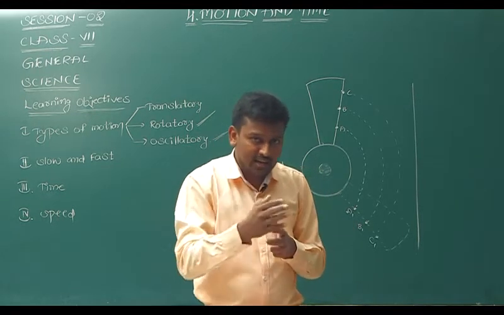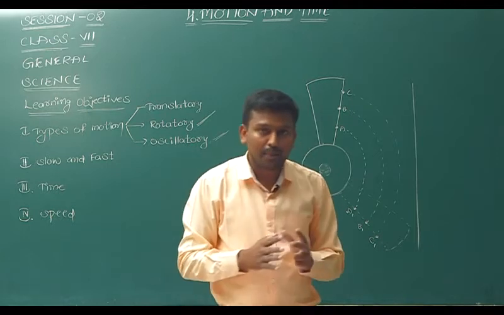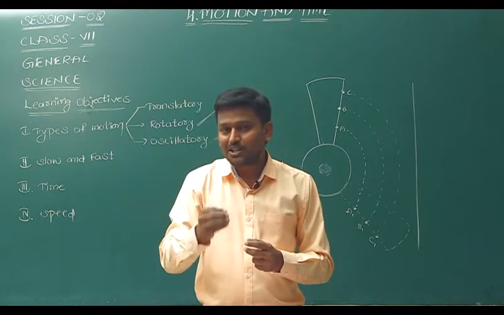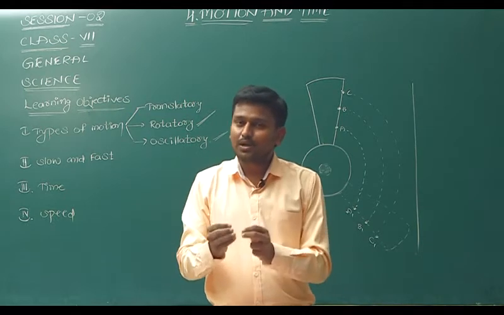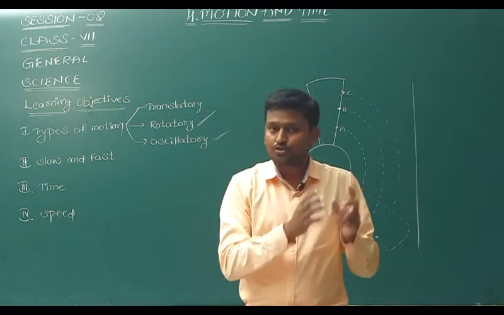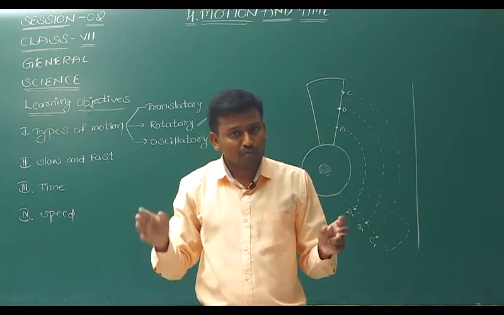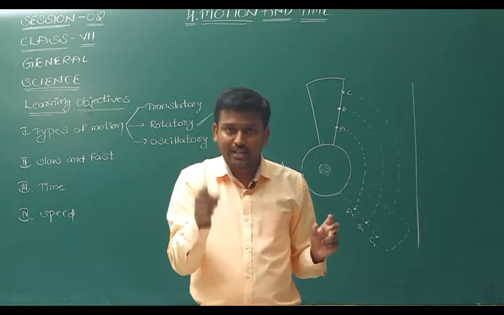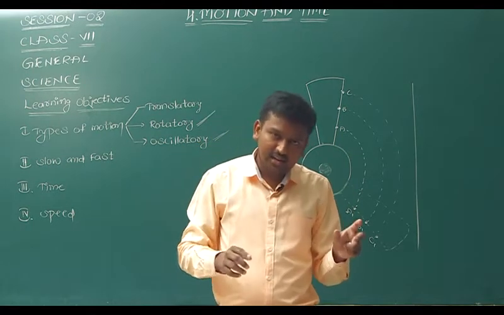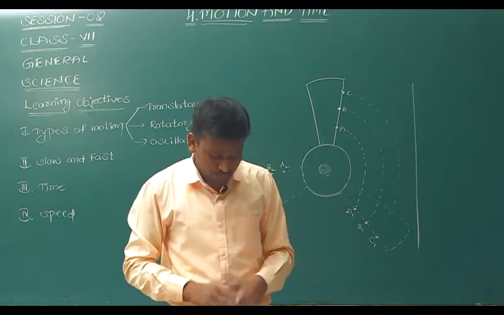When they are taking a turn, the object will move in a curved path. When that object goes straight, then it is a rectilinear motion. So, we can simply call it translatory, okay. So, translatory, and the rotating of wheels, rotatory motion. So, simply the wheels are in translatory and in rotatory also.